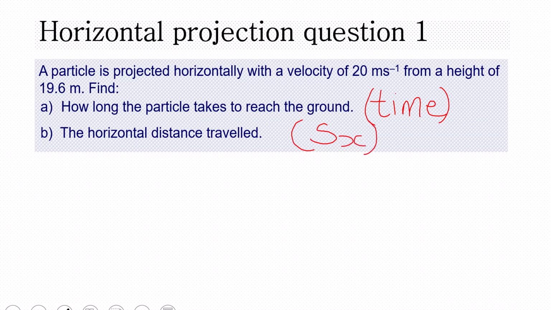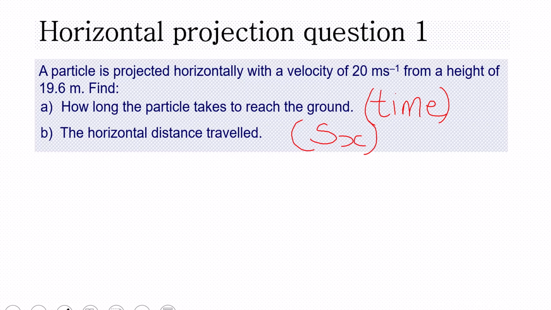In projectiles, we are going to be using the 3 equations of motion, but remember that you're going to be considering these motions separately. Motion in the x direction must be considered separately, and the motion in the y direction must be considered separately. Don't worry, we are going to look at all of these.